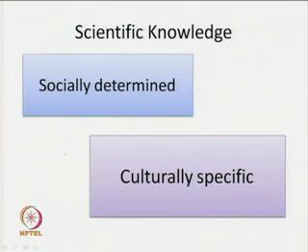One of the first key premises in this way of looking at science and technology, that is the cultural way of looking at science and technology, is that A, science is socially determined, and B, science is culturally specific. Now, many would not agree with such a postulate: how can science be socially determined?